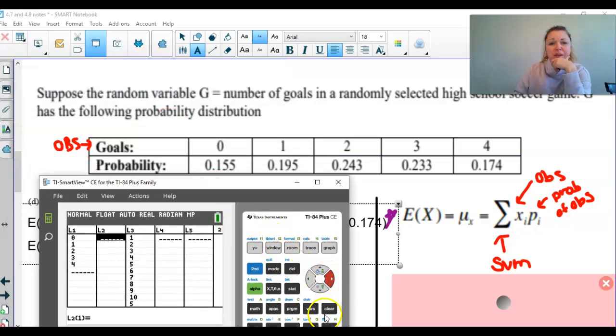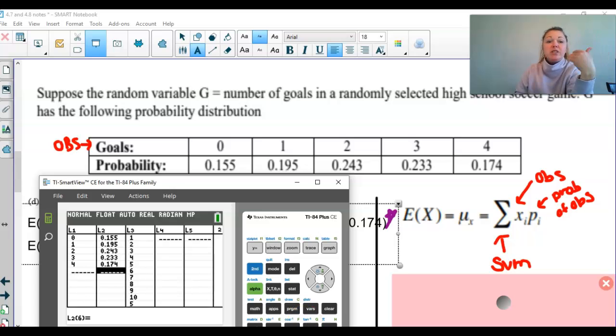I have 0.155 for the first probability, 0.195 for the second probability, 0.243 for the third probability, and I can see that I typed that in wrong, so I'm going to redo that. 0.233 for the fourth probability we're actually on, and then 0.174 for that last probability.